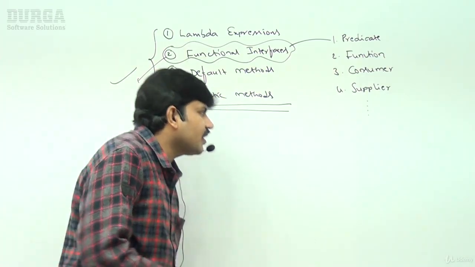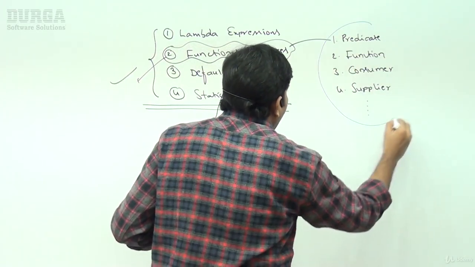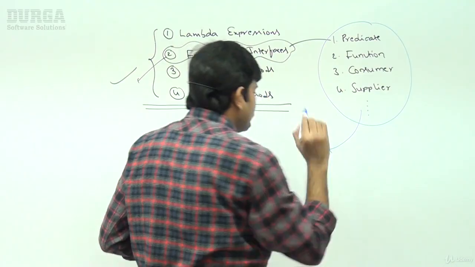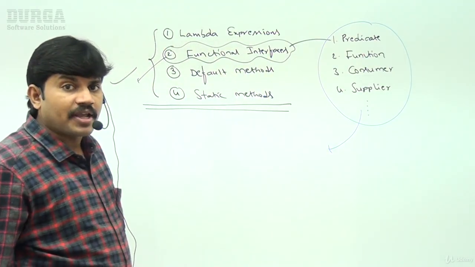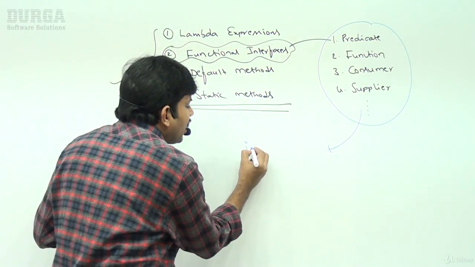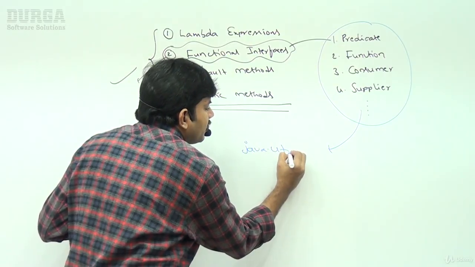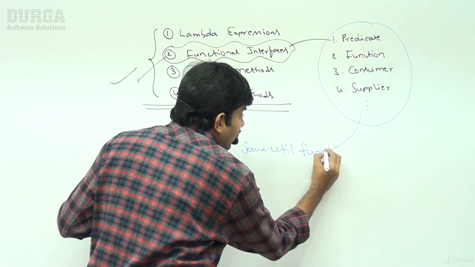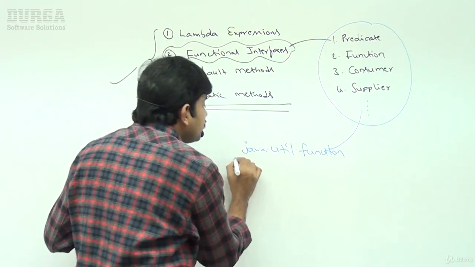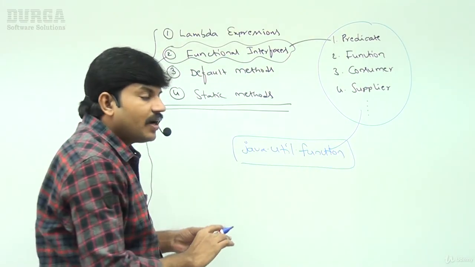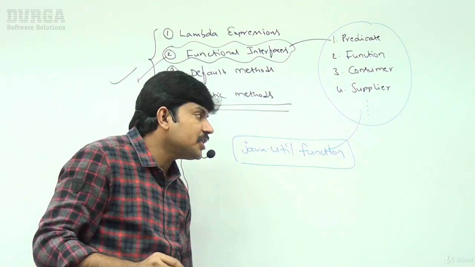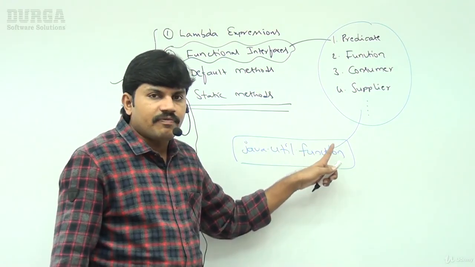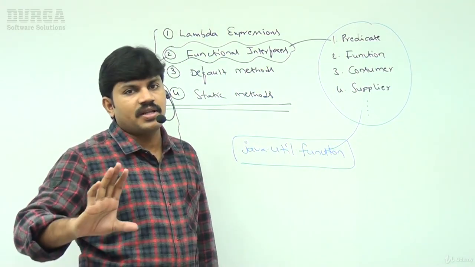These predefined functional interfaces are defined in which package? Are you able to understand? Java dot util dot function. In this package, all these predefined functional interfaces are available.